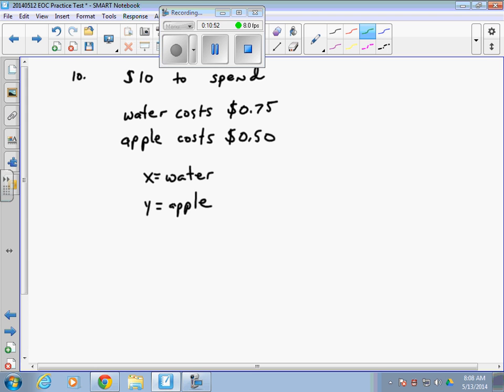Okay. Well, we know that it's going to cost 75 cents for water times however many waters he buys, plus 50 cents for apples times however many apples he buys. It doesn't matter how much of each of those he buys. We know that those are the values of each of them.